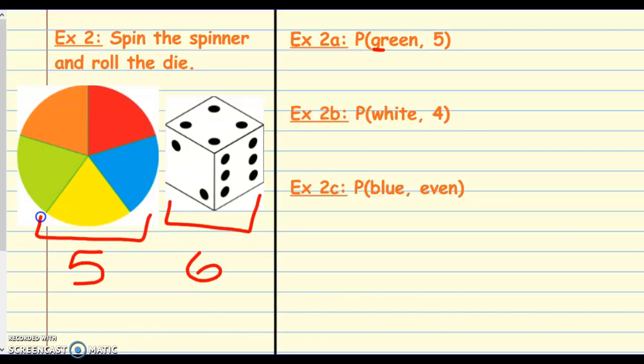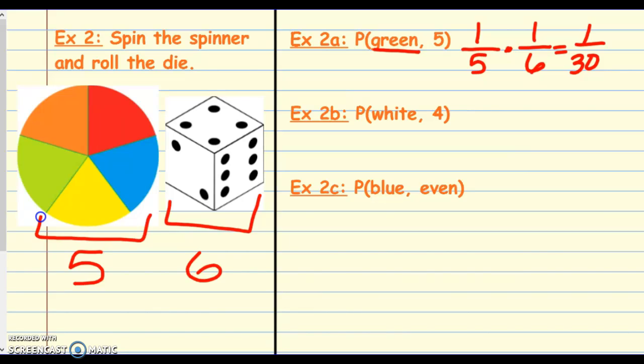So we want to figure out the probability of getting a green when we spin and a 5 when we roll. There's 1 green out of 5, and there's 1 5 out of 6 on the die. When we do this, we are then going to multiply those 2 fractions together. So it would be a 1 in 30 chance to get a green on the spinner and then a 5 on the die.